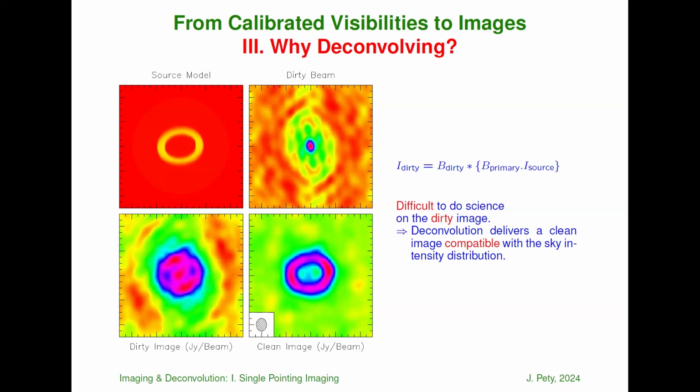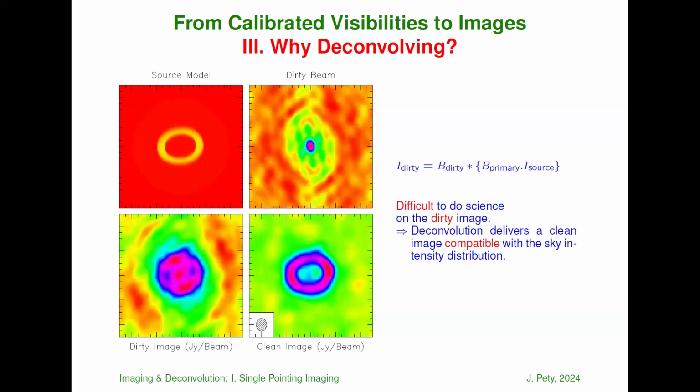And let's assume that your dirty beam, the point spread function of your instrument, is this function. This is the dirty beam. So what you will measure, the dirty image, is the convolution of this one by this one. This is shown here. This is the dirty image.